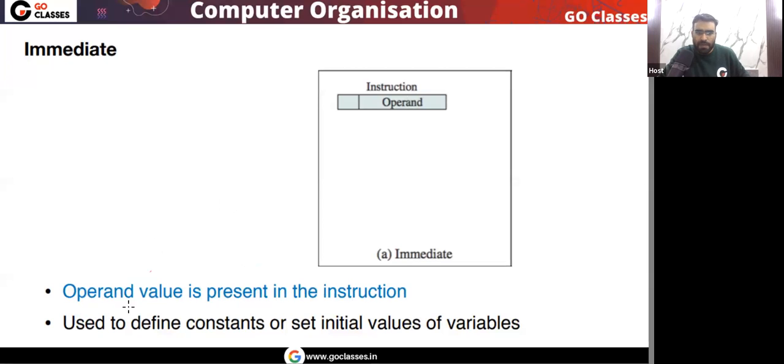Very simple point. What is the application of immediate addressing mode? You can use it to define constants or initialize the variables. For example, I can say, load register R1 with value 15.